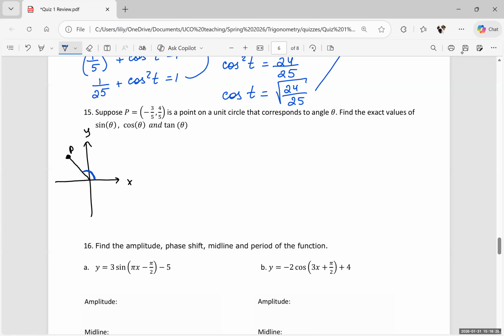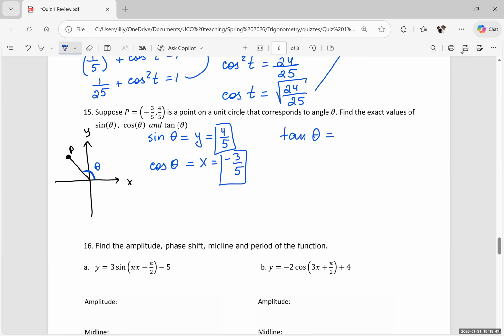is this angle right here. Now, since we're on the unit circle, sine theta, this is theta, would equal the Y coordinate, which is 4 over 5. And cosine theta would equal the X coordinate, which is negative 3 over 5. So you already answered 2 out of 3 questions. Now, tangent theta, you do have to plug in.